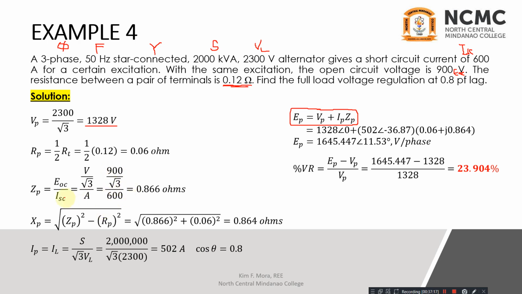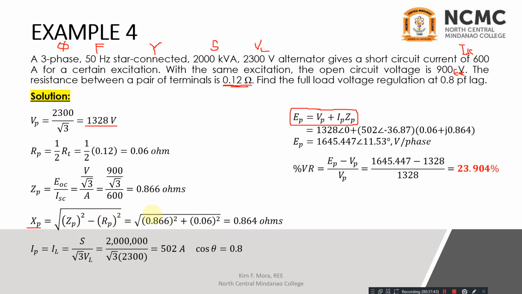Then our ISC is equal since it is Y connected, the current is the same. So our answer for the impedance is 0.866 ohms. Then we solve for our reactance using the formula we discussed earlier, that is impedance squared minus the resistance squared.